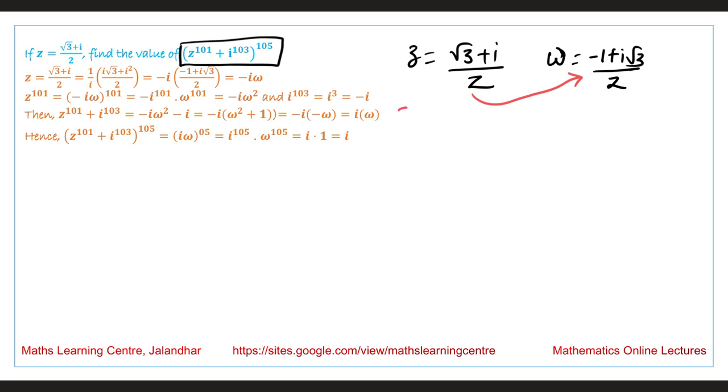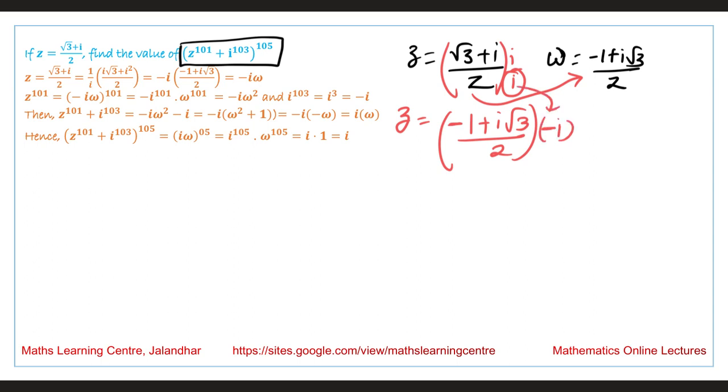If I divide and multiply this number by iota, I will get iota square become minus 1, so (minus 1 plus iota root 3) by 2, and in the denominator we have iota, so we can write minus iota over here.